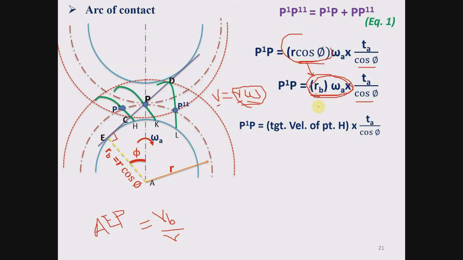So it must be the linear tangential velocity of point H, because point H moves along the circumference of the base circle whose radius is RB and whose angular velocity is omega A, at the instant when P dash is moving from P dash to P. So this is the linear tangential velocity of point H, RB into omega A. So we have written this here.